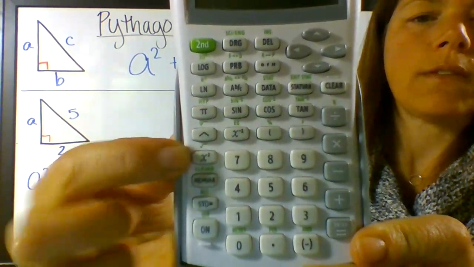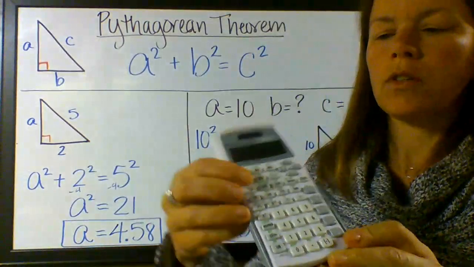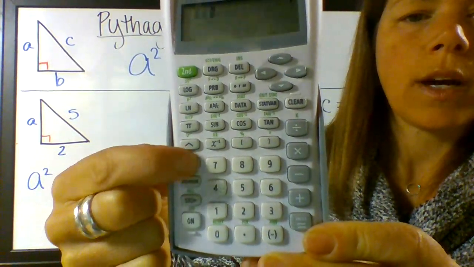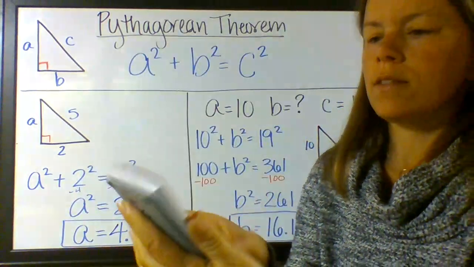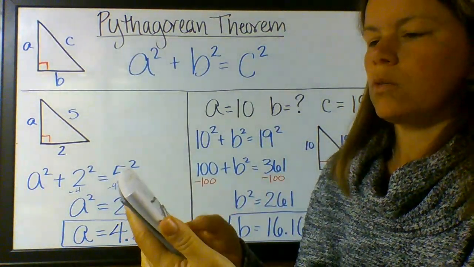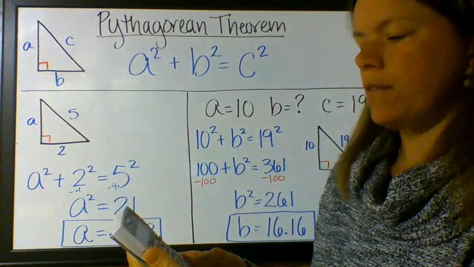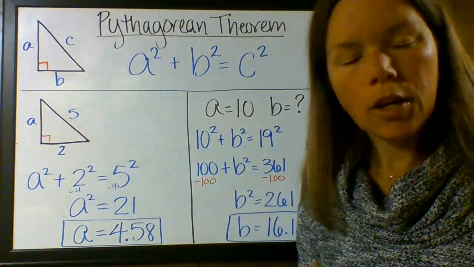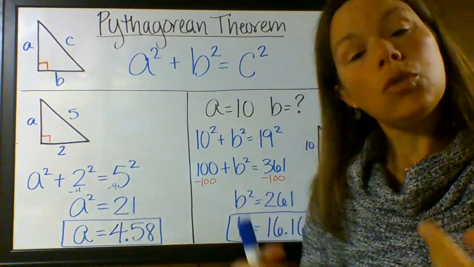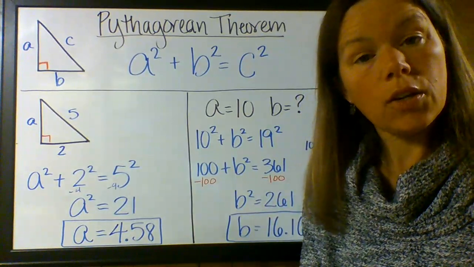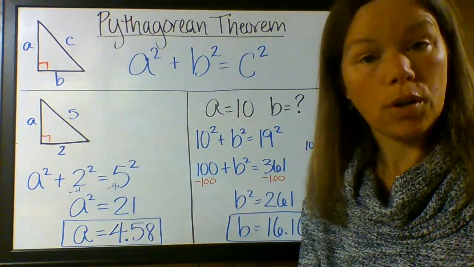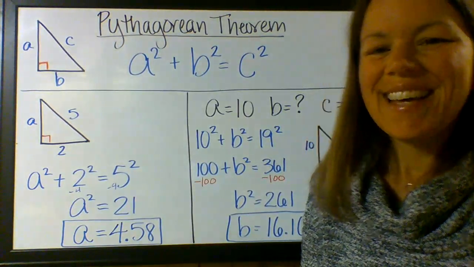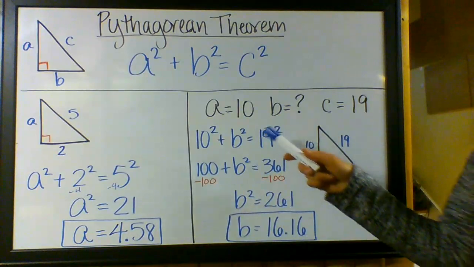So I do second, square root, then 21, equals, and I got 4.58257, blah, blah. I rounded it to the hundredths place. You can use the Desmos scientific calculator on your computer if you don't have one.